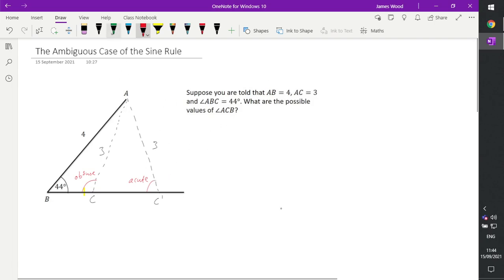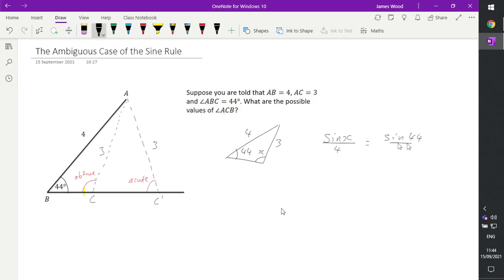Well, let's just pick this triangle here, the smaller one. Okay, so this is 44, this is 4, this is 3, and this is the angle that we want to work out, so I'm just going to call it x. So I'd have sine x over 4 equals sine 44 over 3.